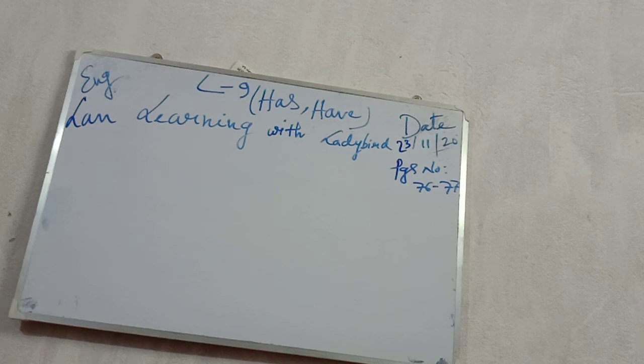Learning with Ladybird. Come to page number 76. If you look at the top of the page, you will see one chart has been given on the basis of using has and have with specific pronouns in affirmative sentences as well as in negative sentences, as well as for making questions.